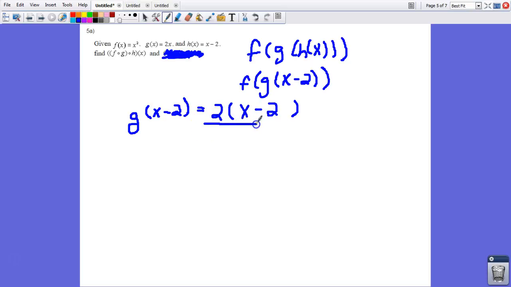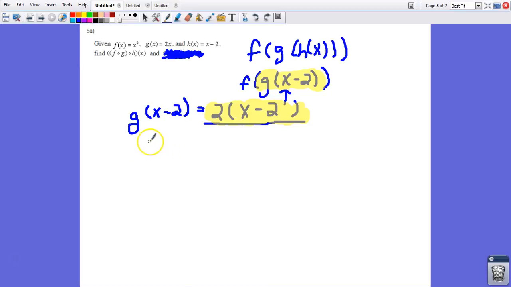So this whole thing is g of x minus 2. So what I need now, what it wants me to find, is I can enter that in here, right? So g of x minus 2, this whole thing is the same as saying 2 times x minus 2.